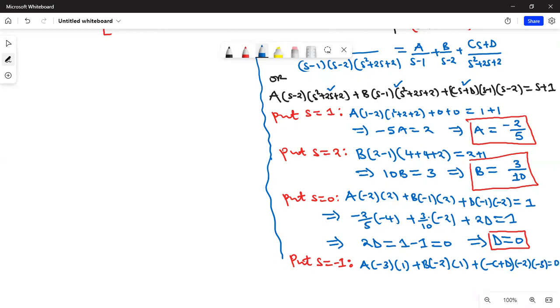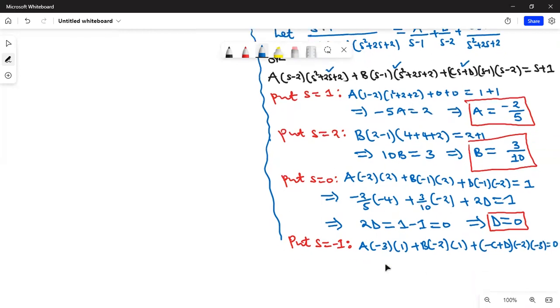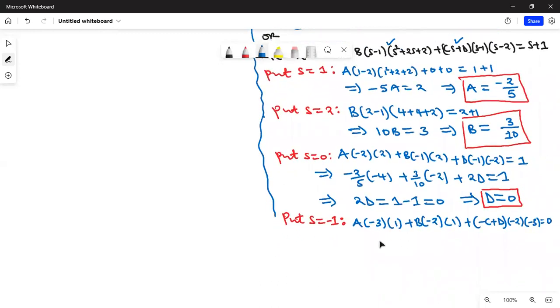So remember, we know the value of a, the value of b, and the value of d. So we substitute. So this implies that our a was negative 2 over 5. This one should multiply negative 3. Plus our b, which we got positive 3 over 10, should multiply negative 2.